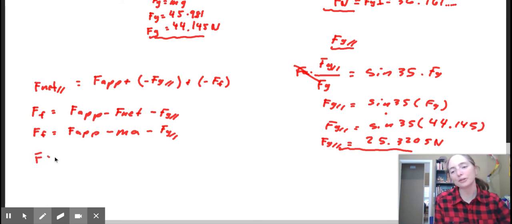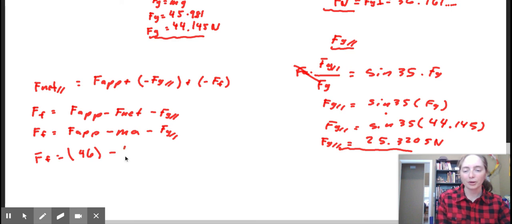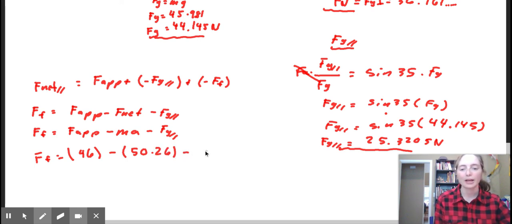So our force of friction is going to equal our force applied, which is given to us, 46 newtons. We're going to subtract this from our 50 kilograms times our acceleration of 2.6 meters per second squared. And we will then subtract that from our 25.325 newtons.